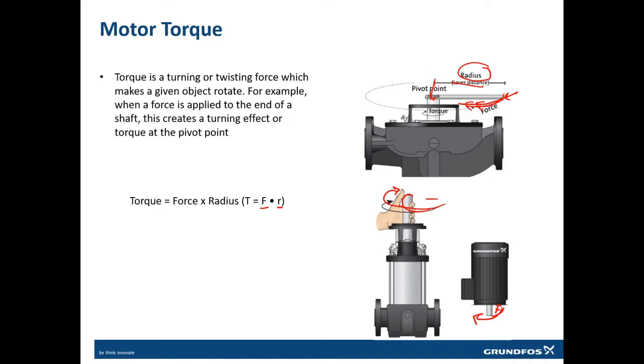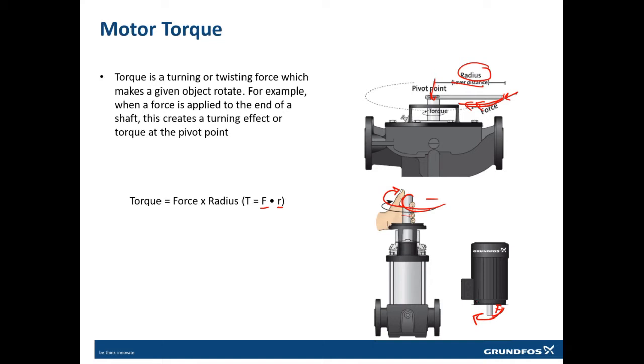If you push it, the shaft will rotate a little bit. The same task will be done by the motor. So the motor generates the torque, the twisting force, to the shaft of the pump, and then the pump starts rotating, or the motor generates it for any load to which it is connected.